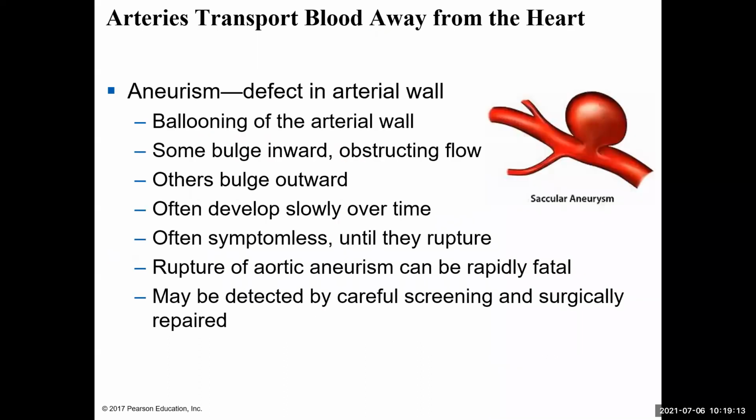Now, because that blood is under much more pressure, arteries can form what's known as aneurysms. This is a defect in the artery wall, a weakening in the artery wall that allows blood to basically expand in between the layers of the artery wall, leading towards this ballooning structure like we see here.